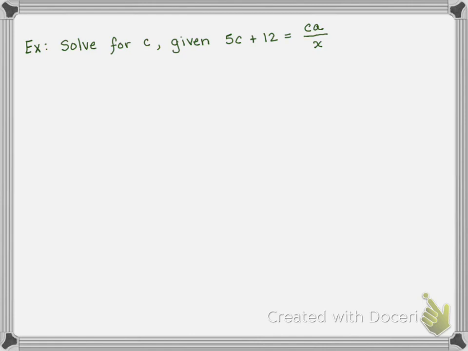So I'm going to multiply both sides by X. So we've got X times 5C plus X times 12 equals X over 1 times CA over X. So my X will cancel on the right side, and we end up with 5CX plus 12X equals CA.